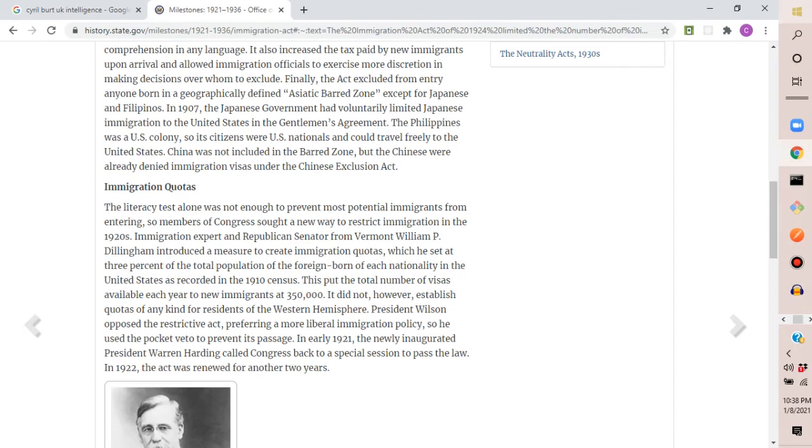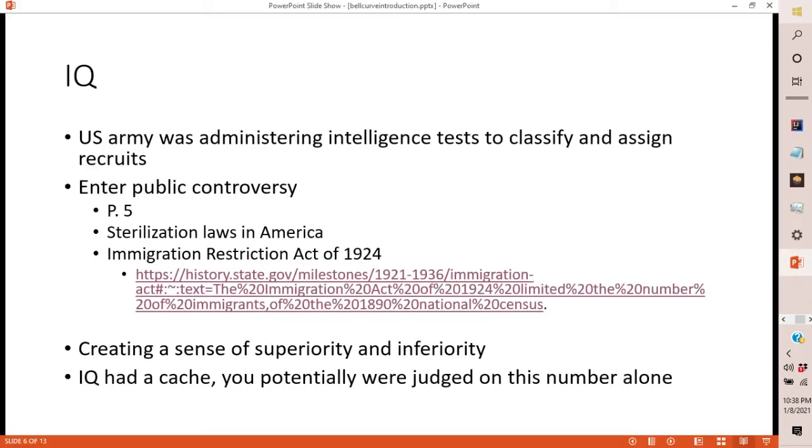So there's people who are thinking about this. They want to keep the population, and a high IQ. They don't want just anybody coming into the country, is what the authors are kind of saying here. So already IQ is kind of being seen as putting people in a position of superiority and inferiority.